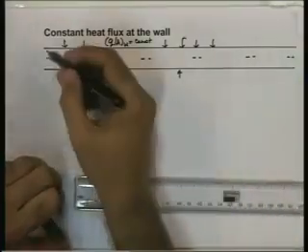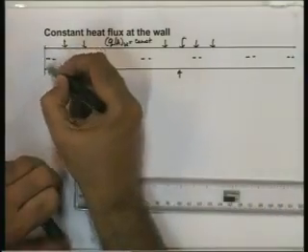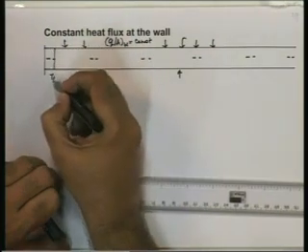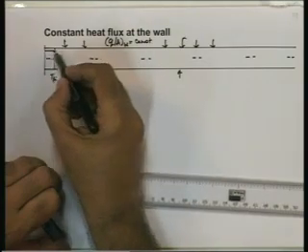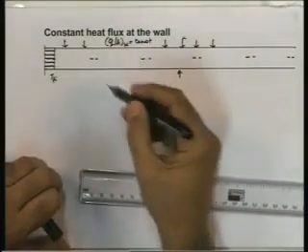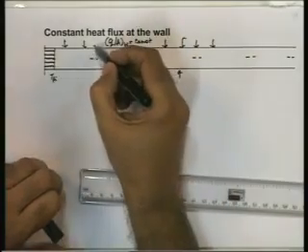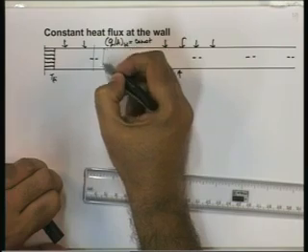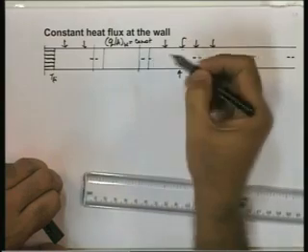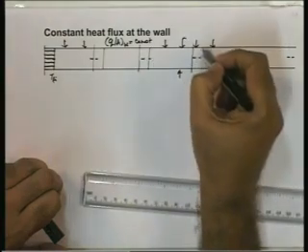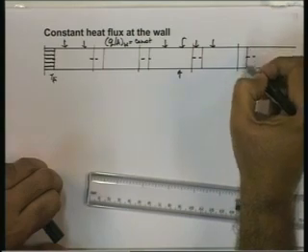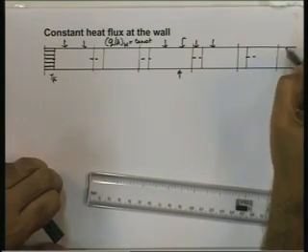Let us again say that the temperature profile at the entry is flat and is given by TFI. And now again let us plot and look at the temperature profile as it develops. If there were no heat flux, the temperature everywhere would equal Tfi.